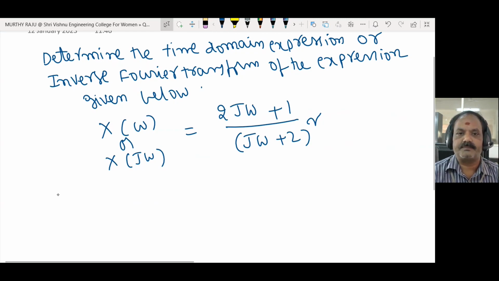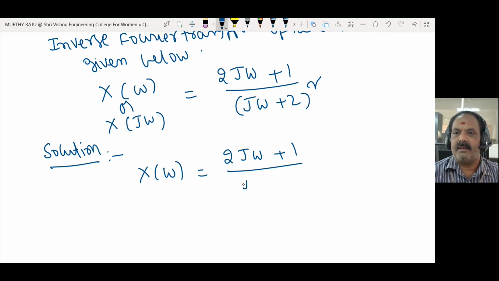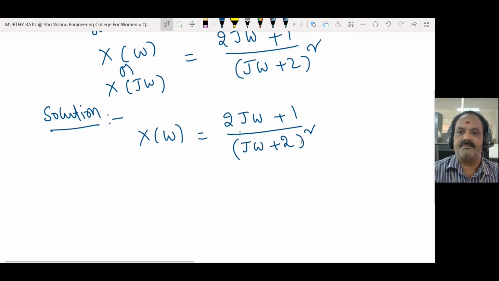Solution. X of omega is equal to (2j omega plus 1) by (j omega plus 2) whole square.